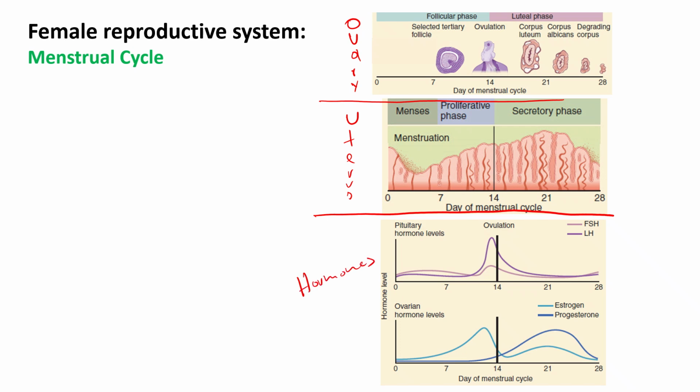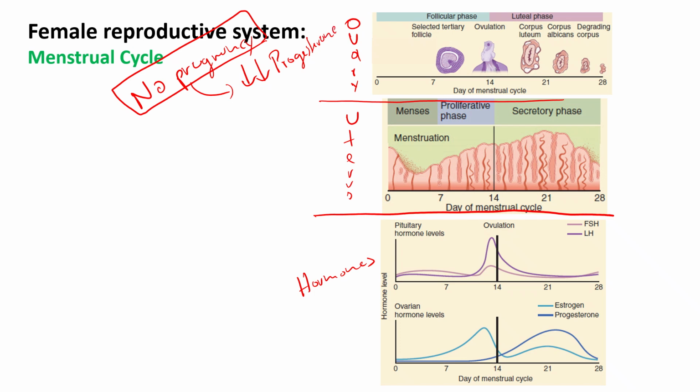So we're going to start with menses, which is when the bleeding occurs. Menses occurs because there was no pregnancy. The egg never got fertilized, and we know that if there's no pregnancy, progesterone is low.